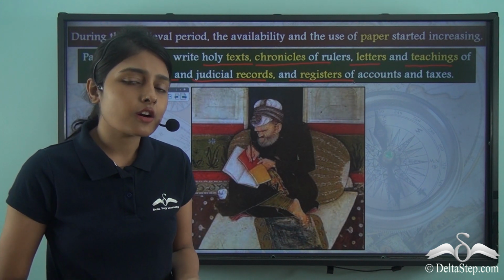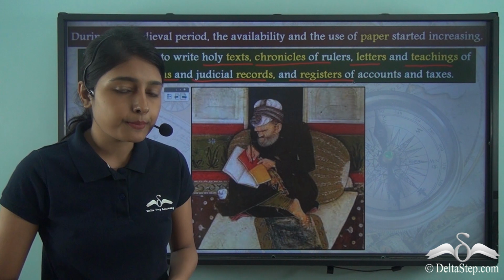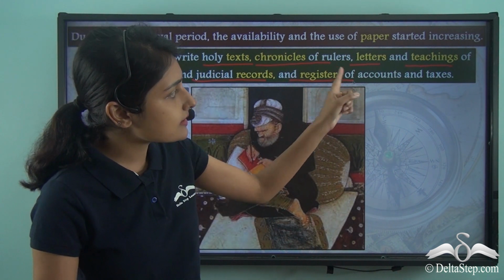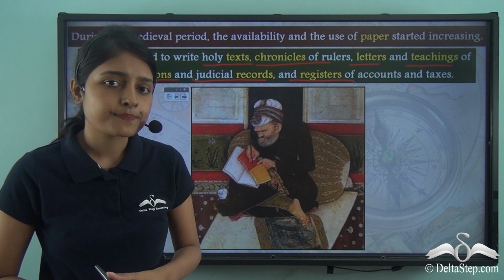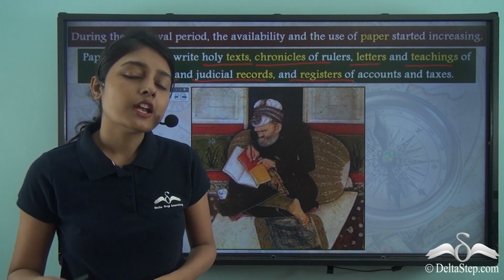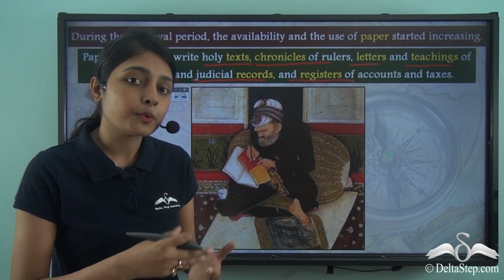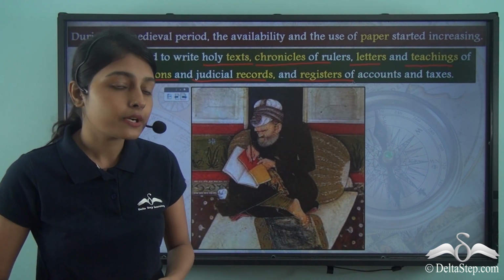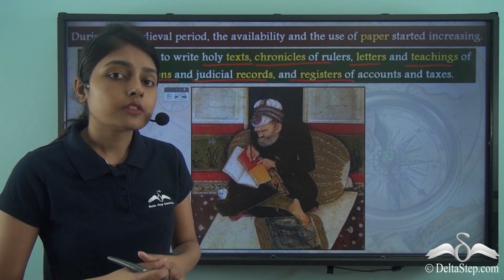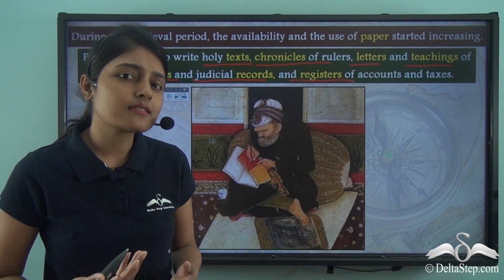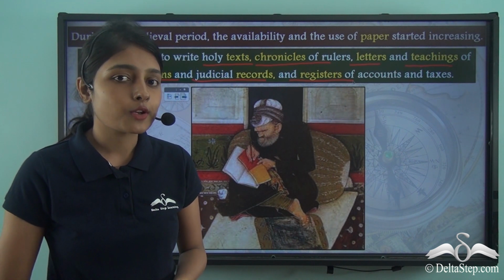And the subjects of things that were written on paper ranged from holy texts to registers of accounts and taxes. So you can see how religious things were also written on paper, how administrative and political things were also written on paper, how people wrote about the chronicles of different rulers, how letters, petitions and so many things were written on paper.